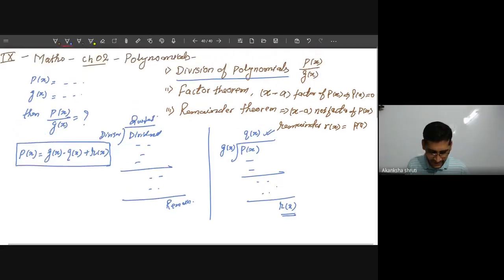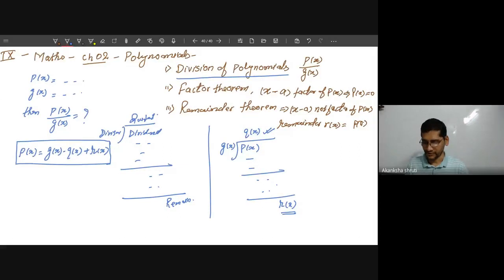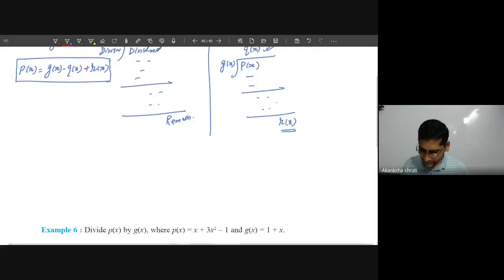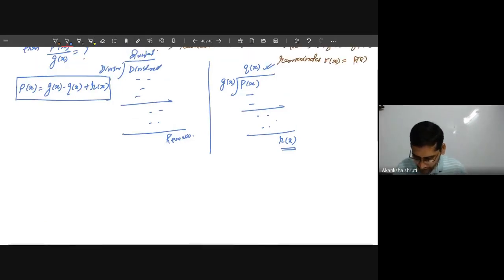But for numbers, let us just quickly revise the division of two numbers. Let me take a bigger number, say 281 divided by 3.